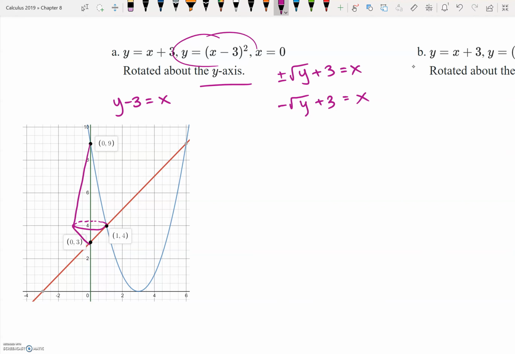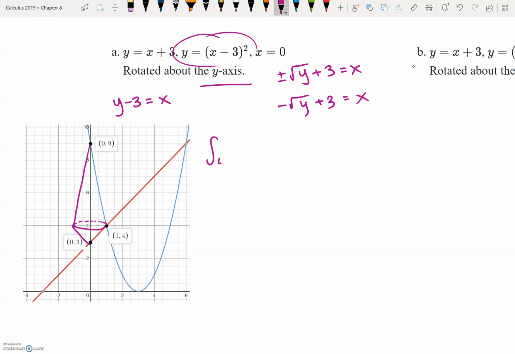So if we were going to find the volume of just this part here, then we are taking the blue part and we are adding it to 0. So we're going to go from 4 to 9 because that's going to be our height that we're going to use.